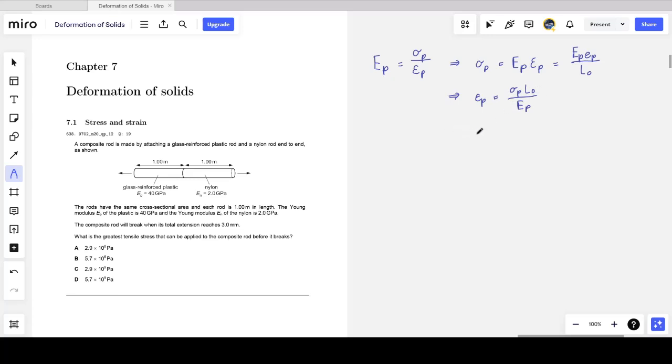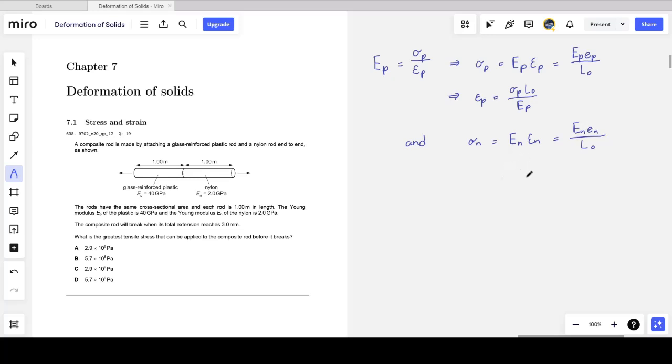And if I do the same thing for sigma n, the stress for the nylon, then I end up with the same thing. Sigma n is the Young modulus for nylon times the strain for nylon, which is the Young modulus for nylon times the extension of nylon divided by the original length of the nylon end of the rod.